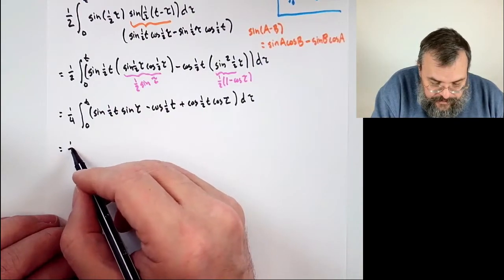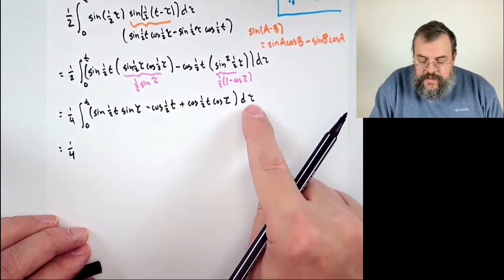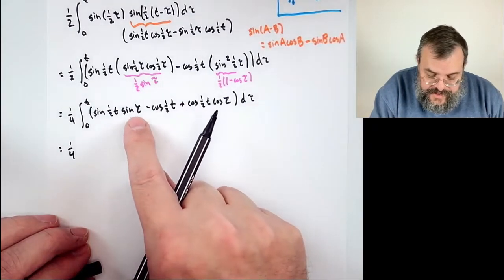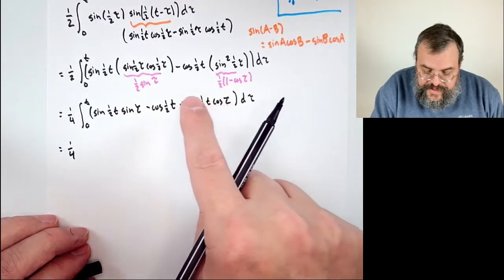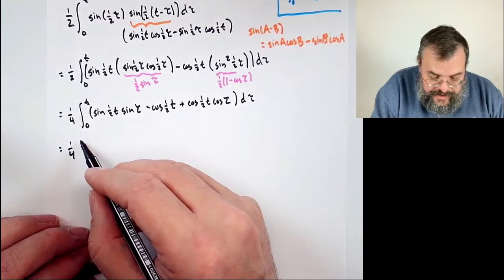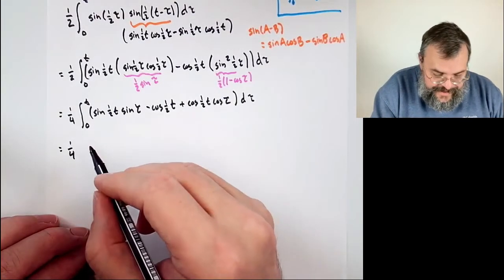So this is 1/4. Remember, everything with the t is a constant because we're integrating with respect to tau. So it's just the sine tau, the cosine tau, and this is 1. All right, so integral of sine minus cosine.